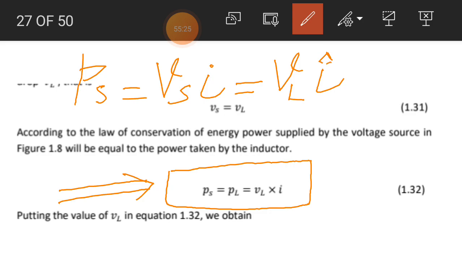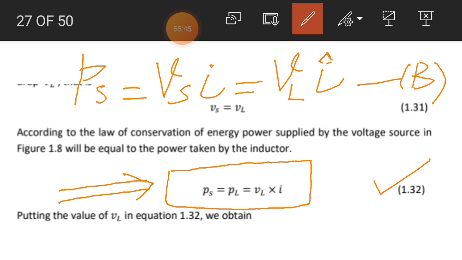So the power supplied by the source can be calculated with the help of any one of these two equations. We can calculate either the power supplied by the voltage source or the power taken by the inductor with the help of this equation.